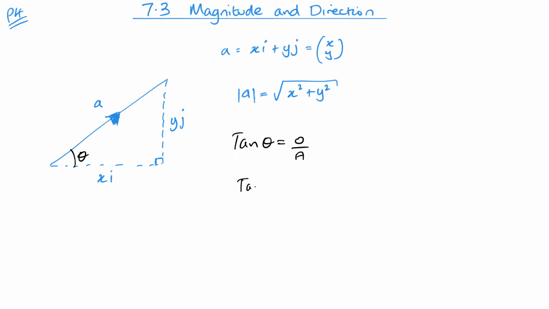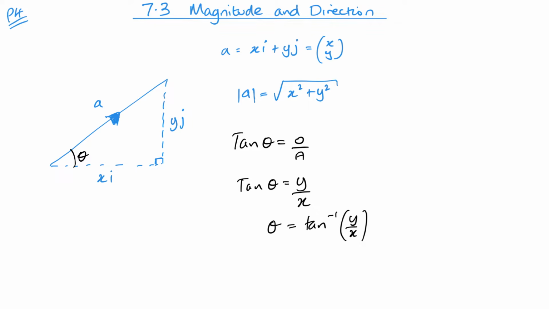So tan theta is going to be y over x, or theta will be tan to the minus 1 of y over x. So that's quite nice and easy, and again it's just previous knowledge.